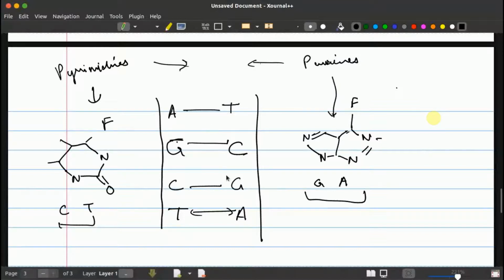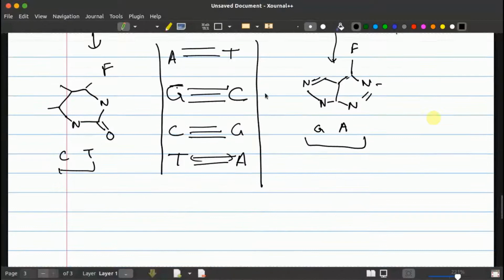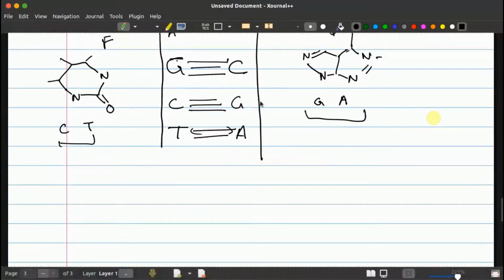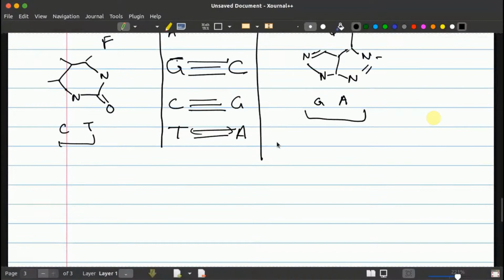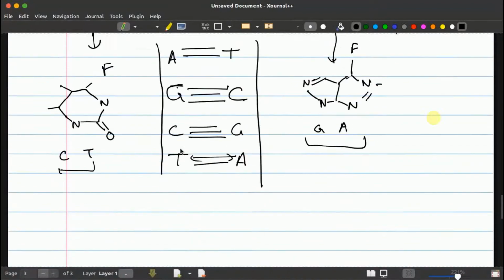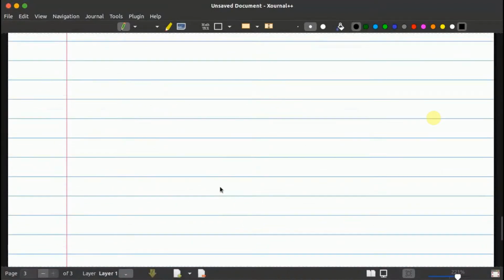Now about hydrogen bonding, A and T have 2 hydrogen bonds between them. G and C have 3. So this is how hydrogen bonding is there in the DNA.